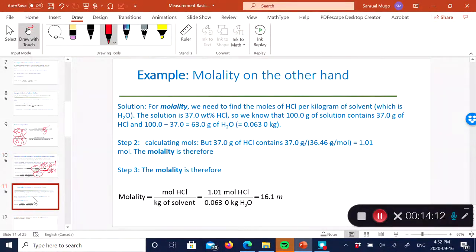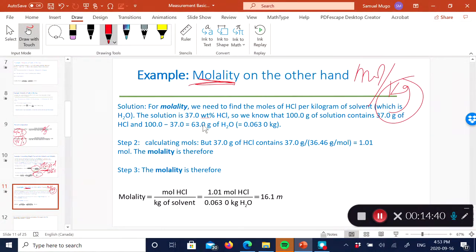On the other hand, if you're looking for molality, remember this refers to moles per kilogram of the solvent. Now, what you need to do is take the weight percent, which is 37 grams in 100 grams of solution.